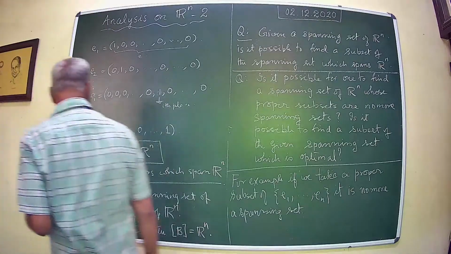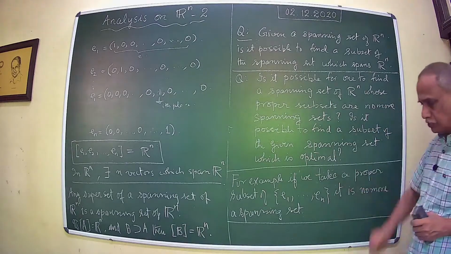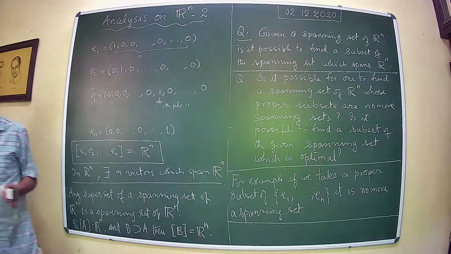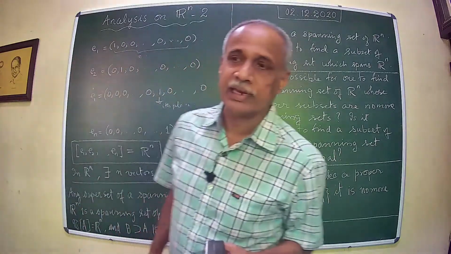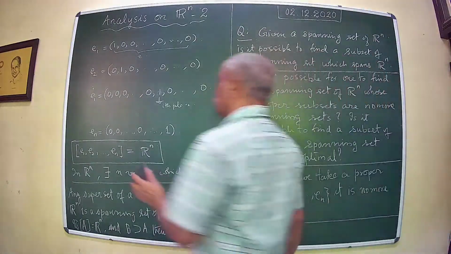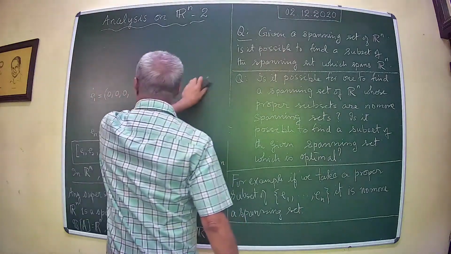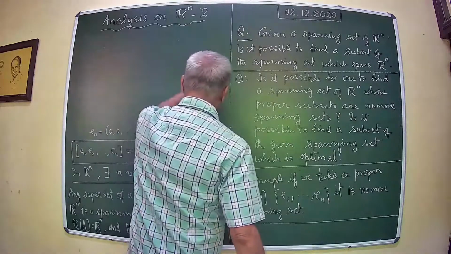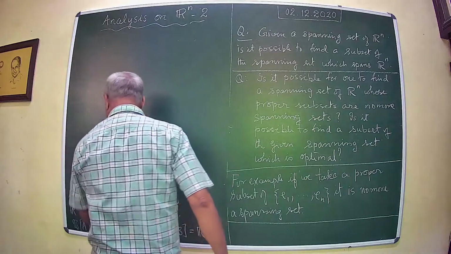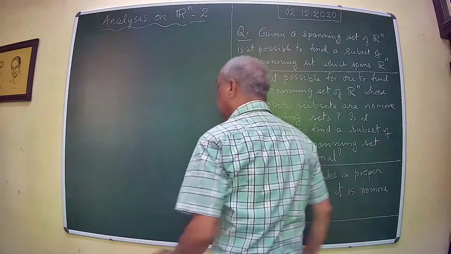Okay. So one thing that you observe is that if you drop one of the vectors from this collection, it is no more a spanning set. This is a very important observation that we make. Therefore, now we introduce the notion of what is called linear independence. Make an observation.